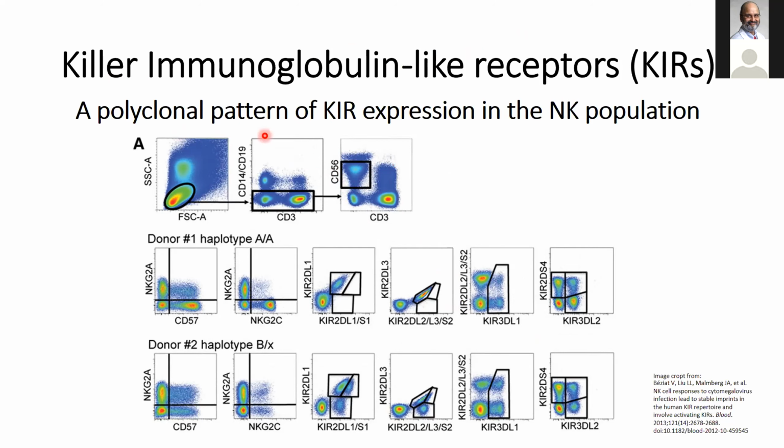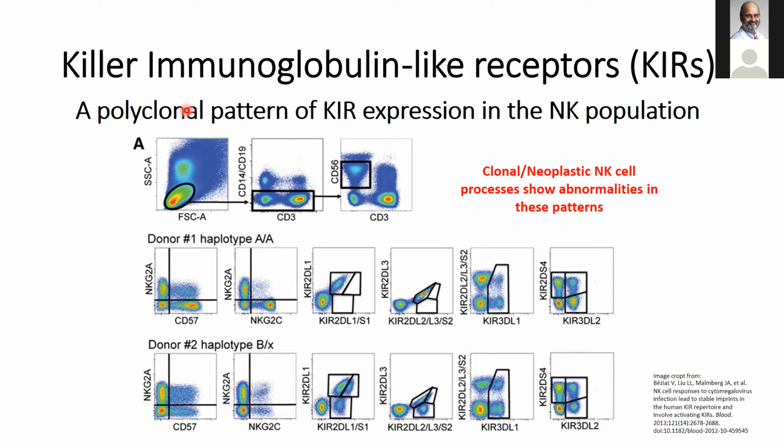And then they looked at the KIR pattern of expression. What they see is that it's a nice polyclonal type of pattern. If you look down here at the KIRs, you can see you've got different subsets that are expressing different KIRs. That's important because that's a normal pattern that you should see. If you get an abnormal pattern, then you may be dealing with a clonal expansion or neoplastic NK cells.